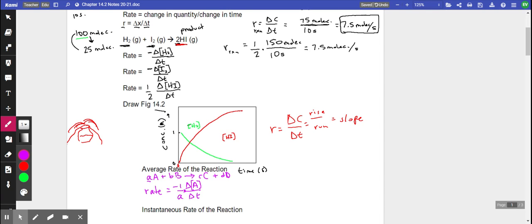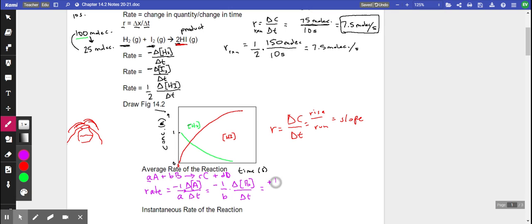So negative 1 over a times the change in concentration of A over the change in time. That is going to be the same rate that we use up B. Negative 1 over b, the coefficient b, times the change in concentration of B over the change in time. Okay, and that is equal to how fast the products are being made.